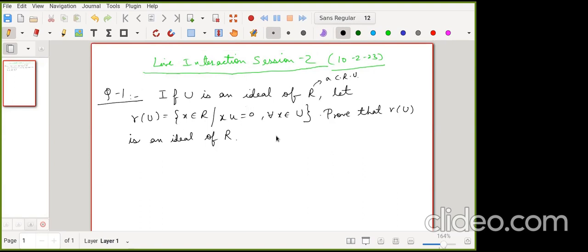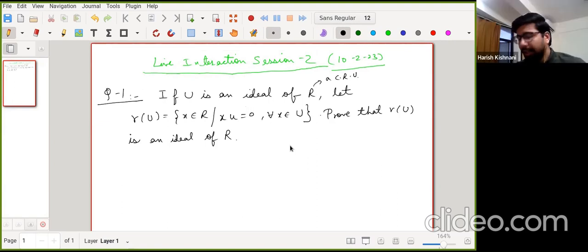Please check the definition of R of U. This is just a set. We already have an ideal and we are defining another set.